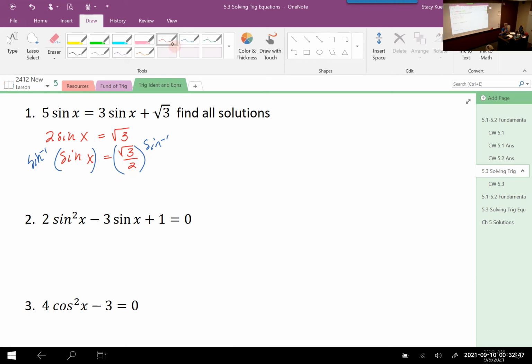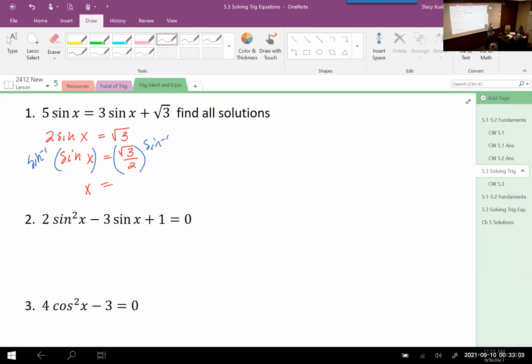This is the reasoning behind our process here. Now, what we're asking is, what angles, when I take the sine of it, do I get positive square root of 3 over 2?